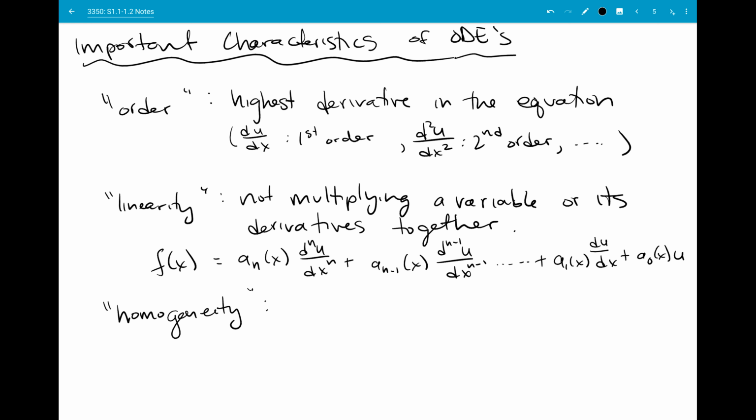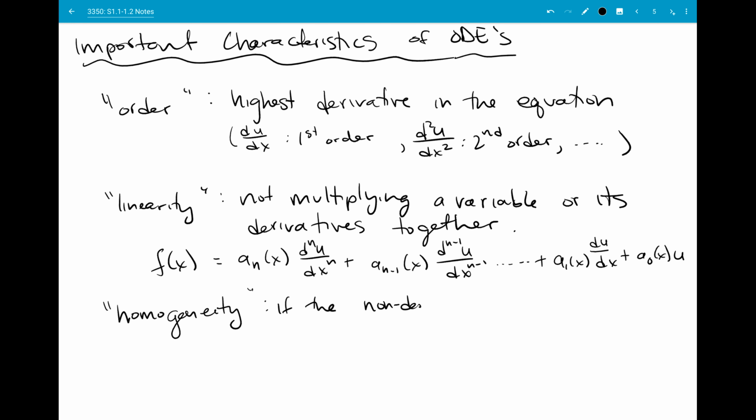And then homogeneity is kind of harder to describe. In words, it's sort of if the, well, the way I wrote it is left-hand side because I ran out of room.